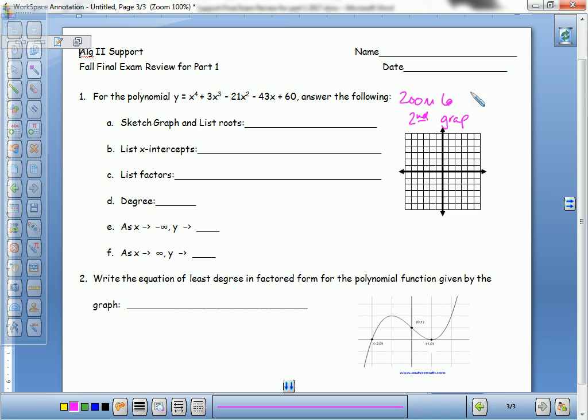All right. I can see from the table that an x value of -5 is paired with a y value of 0. An x value of -3 is paired with a y value of 0. An x value of positive 1 is paired with a y value of 0. And an x value of positive 4 is paired with a y value of 0.